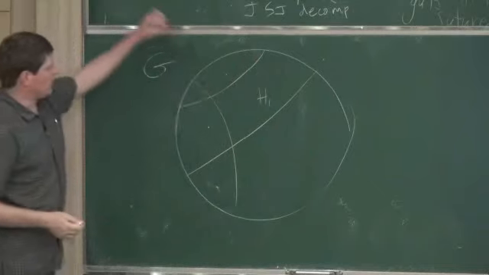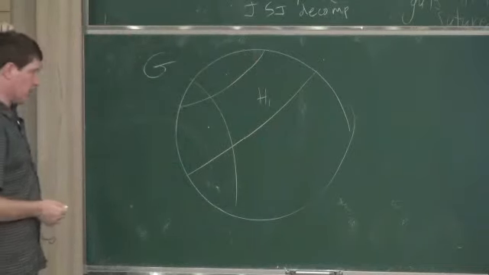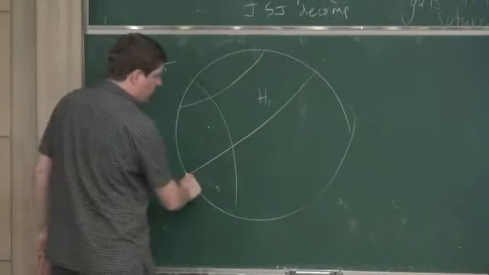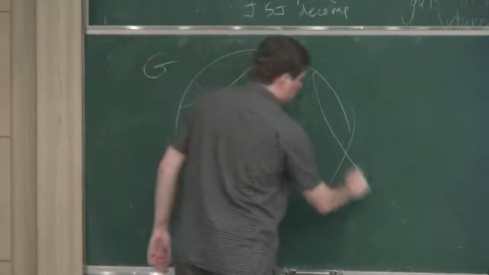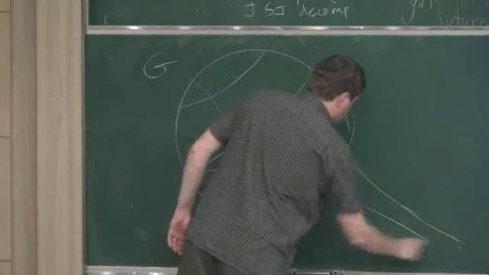So instead of just coning it off to a point, which is weakly relatively hyperbolic, what you do is you sort of take a warped product of this. So you take an exponential.